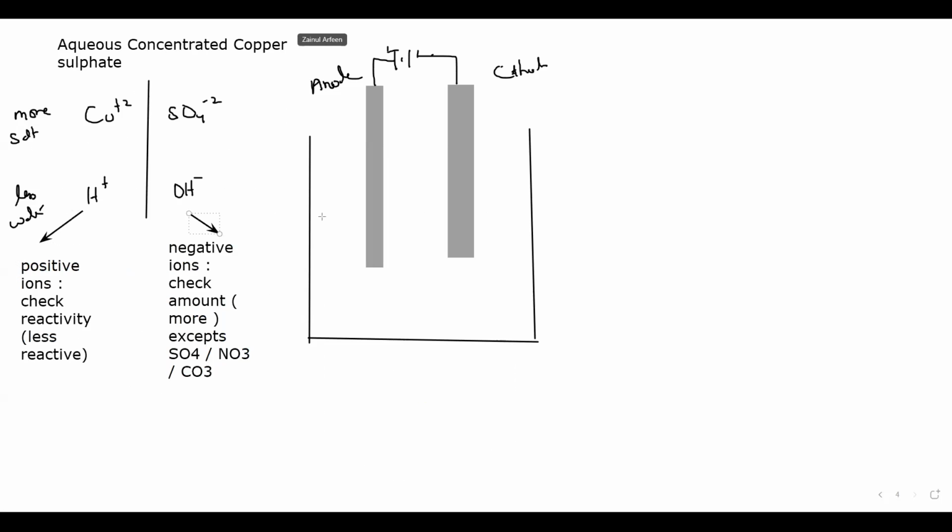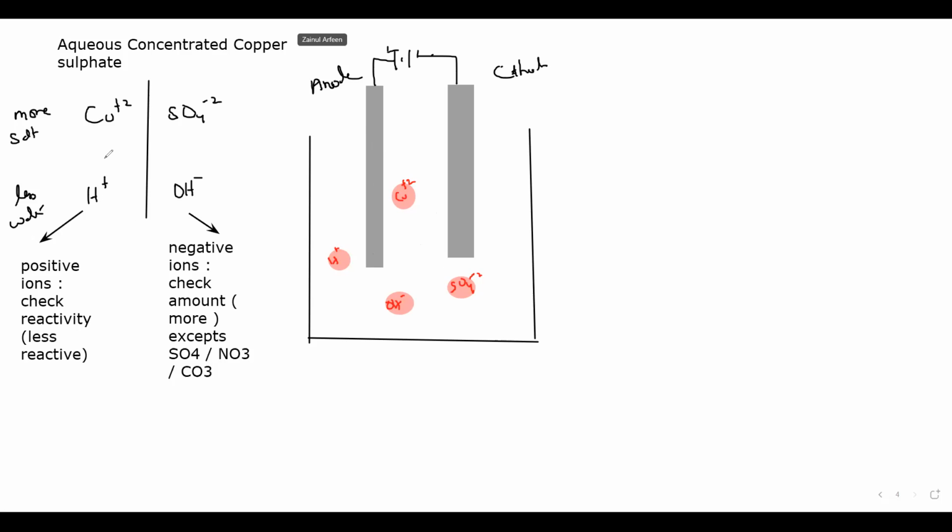Now in the solution, as we are doing electrolysis, the ions which are present are copper ion, sulfate ion, hydrogen ion and hydroxide ion, in the mixture.